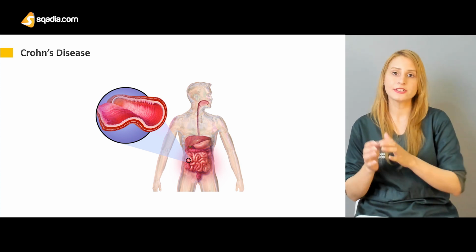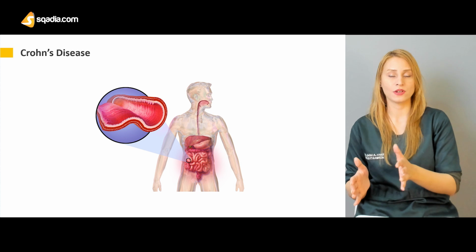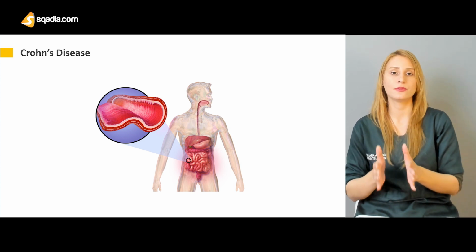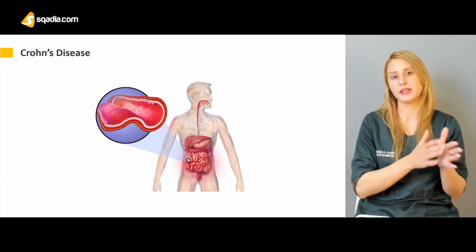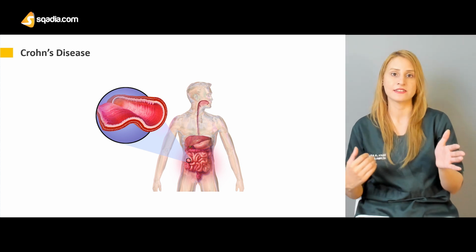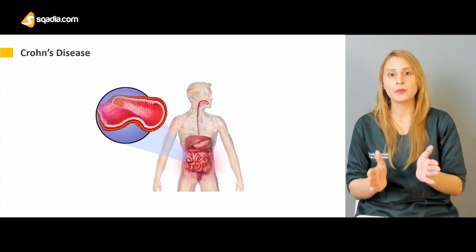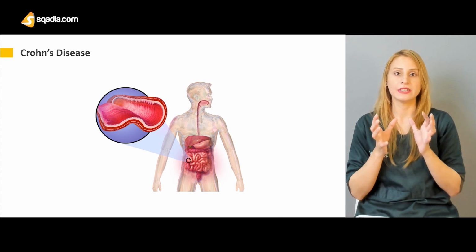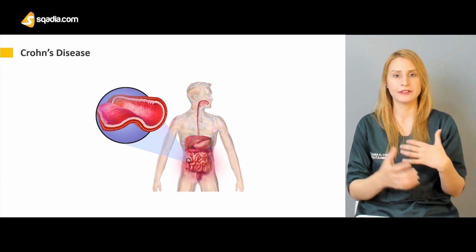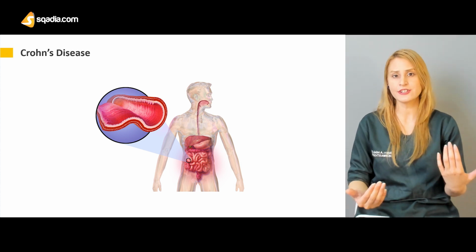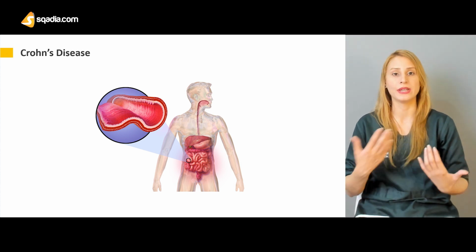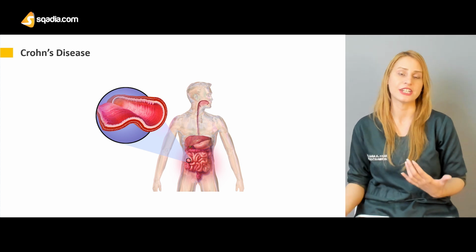Now, if we talk about the difference from ulcerative colitis, we know that Crohn is a transmural infection, and ulcerative colitis is basically a mucosal chronic inflammatory process. Plus, in Crohn disease there are a lot of fibrotic changes, and the patient may present with fibrotic stenotic changes.